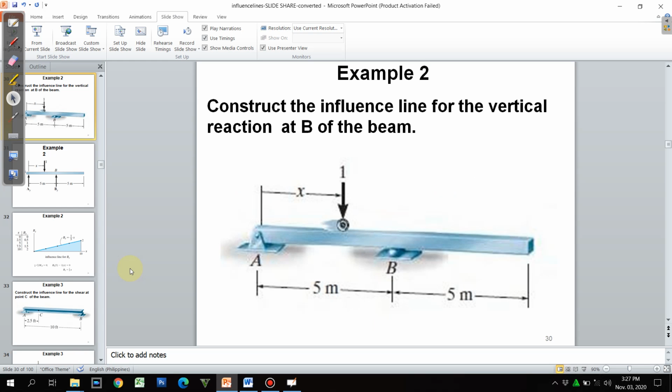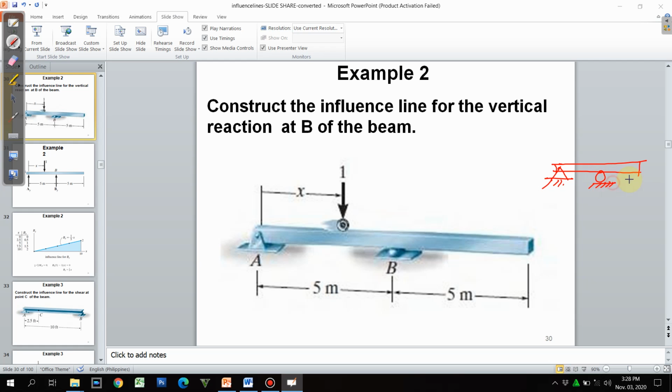So for the second problem, we construct the influence line for the vertical reaction at B of the beam. So we are now concerned with the vertical reaction at B in this figure. The idealized structure for these members, of course, is a pin and a roller.